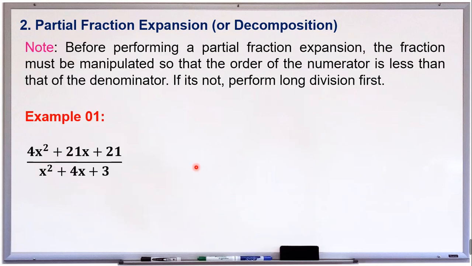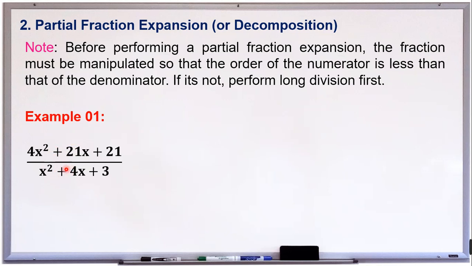Okay, so the first step in performing partial fractions is to determine whether the given complex fraction has an expression in the numerator that has a lesser degree compared to the expression in the denominator.